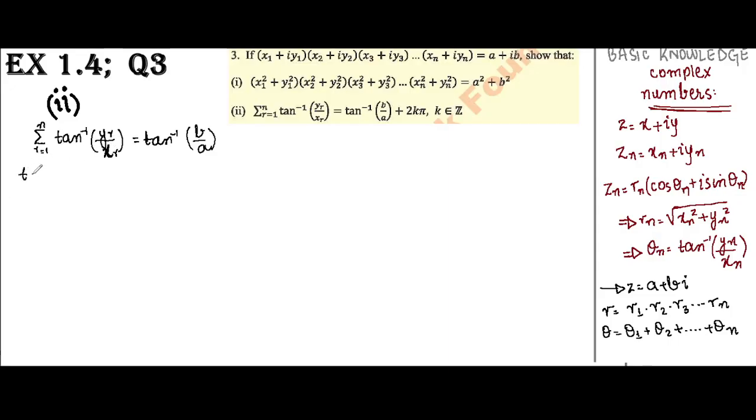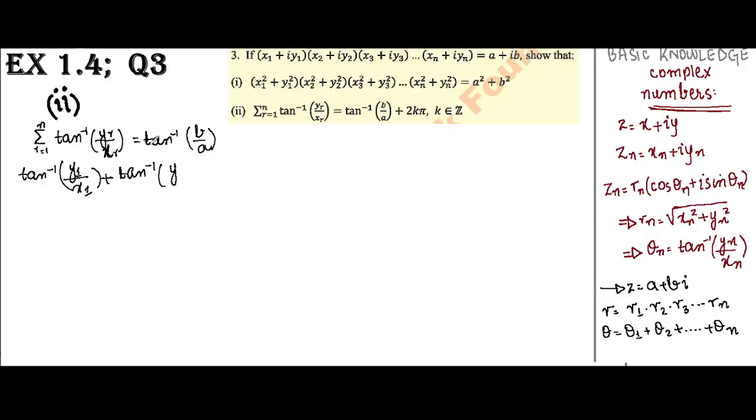So it is tan inverse y, r is 1, so y1 divided by x1. Now for summation we add a plus sign and then again we write the same term for the second value. So tan inverse y, we are done with 1.